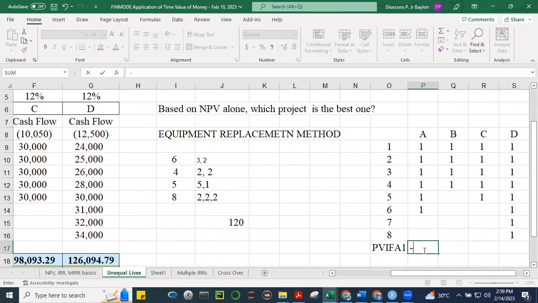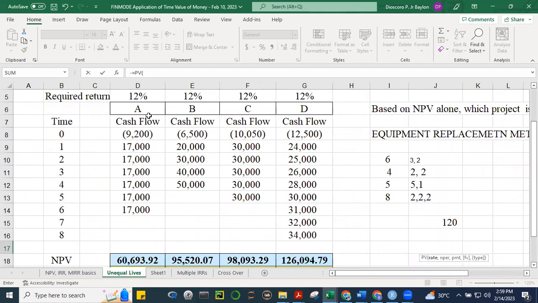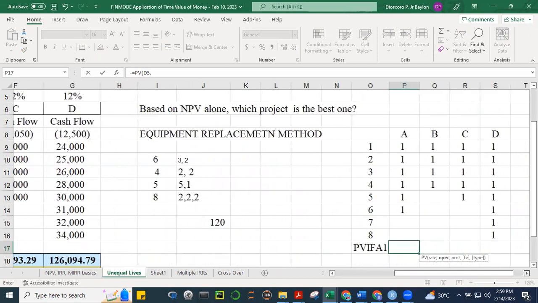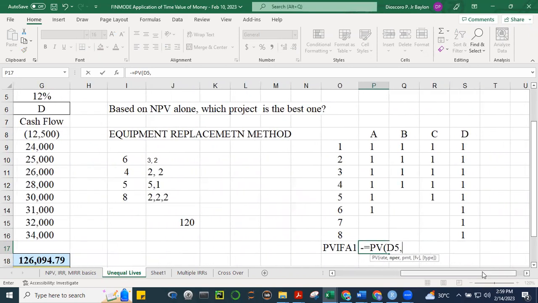Negative. Yung problema yung mouse ko. PV. Rate is itong 12%, comma. Okay. Rate. And then N per. What's our N per? N per natin, kung ilang years yung may 1. So dito, 6, dito 4, dito 5, dito 8.